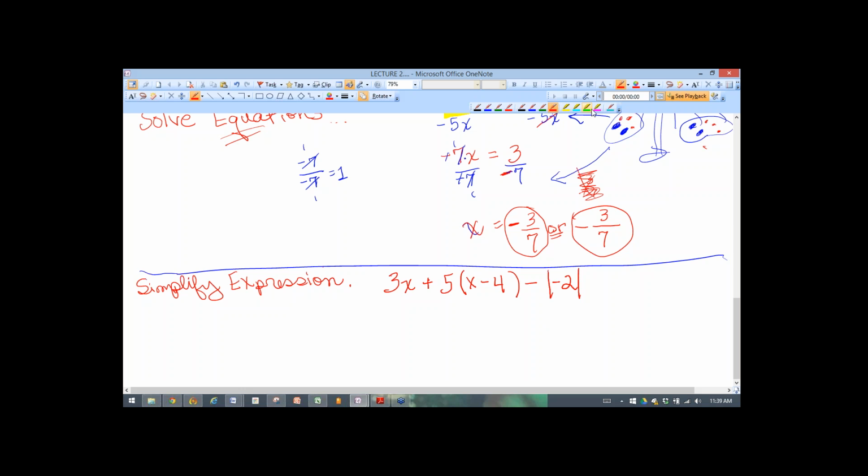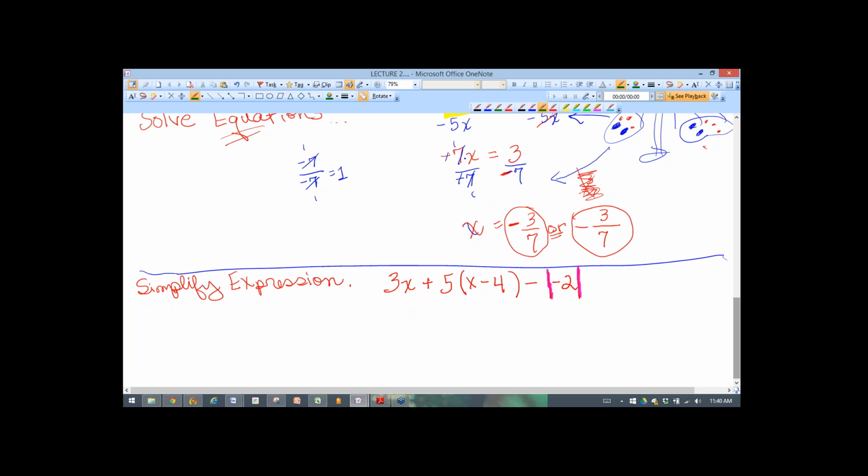I kind of need to call your attention to this. We didn't have a chance to talk about absolute value very much the other day. But absolute value, as defined, is the distance a number is from 0.